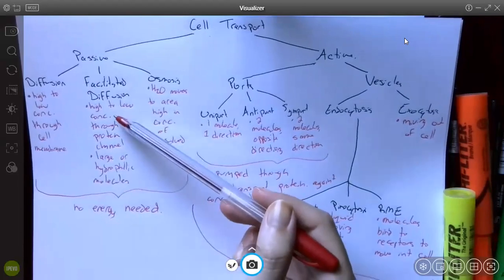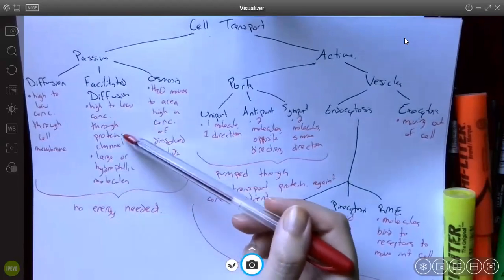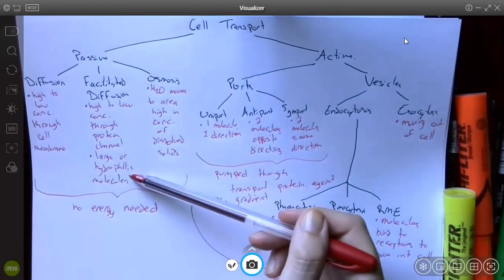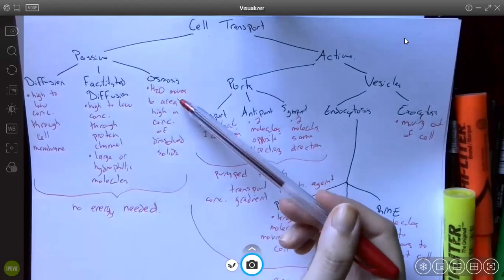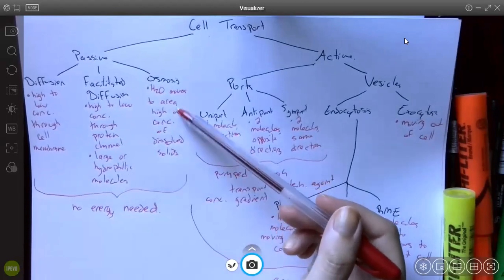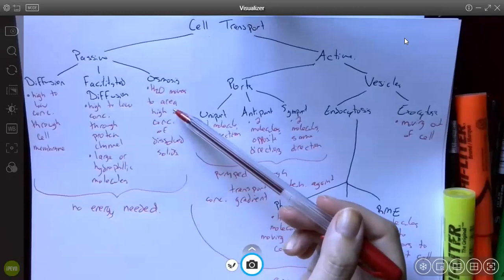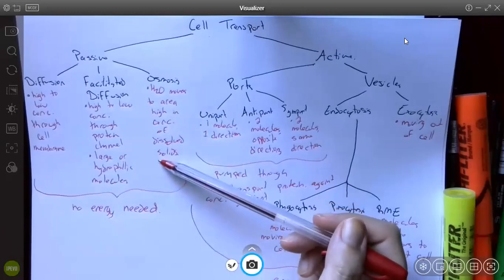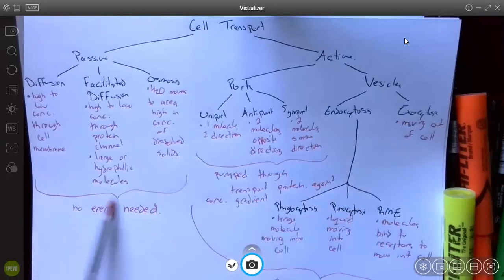Facilitated diffusion is also high to low concentration, but through a protein channel that is for either large or hydrophilic molecules. And then osmosis is when water is moving to an area high in concentration of dissolved solids. It's trying to dilute those dissolved solids. For all of those different types of passive transport, there is no energy needed.